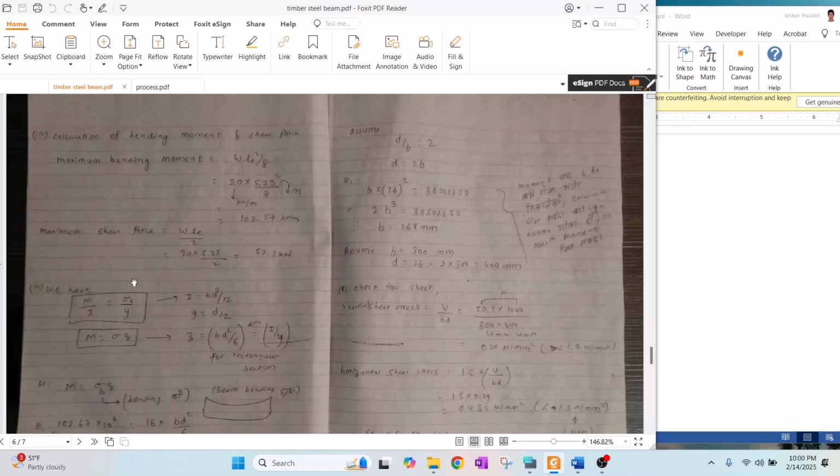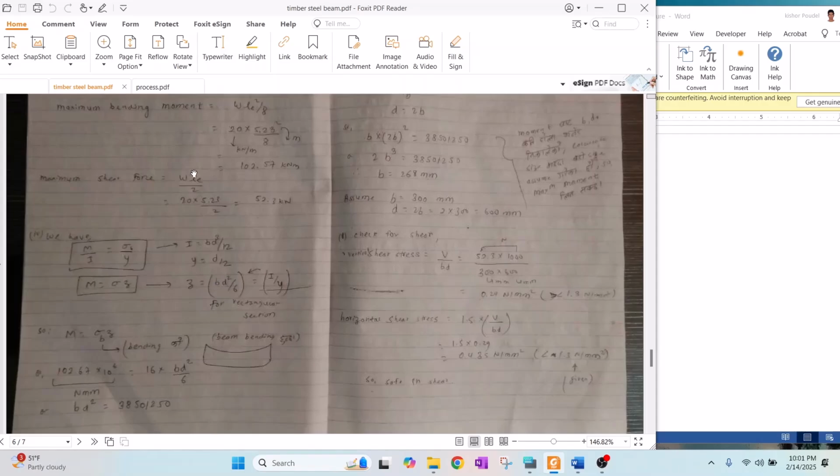If you make a mistake here, then even though the process is correct, the value you get will be wrong. So be careful while calculating the value of bending moment and shear force. Here you can calculate the maximum shear force using this formula, and you get the value of 52.3 kilonewton.